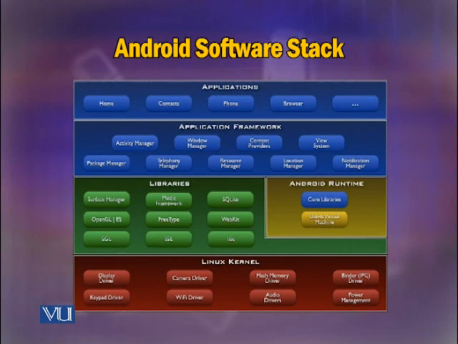Why is that? We are using bluish color here to represent Java. That all these things that are bluish in color are the Java libraries, or the things written in Java. So the top two layers, that is your application framework or core libraries, and the applications themselves are written in Java programming language.